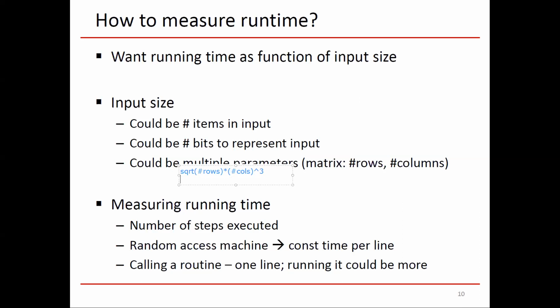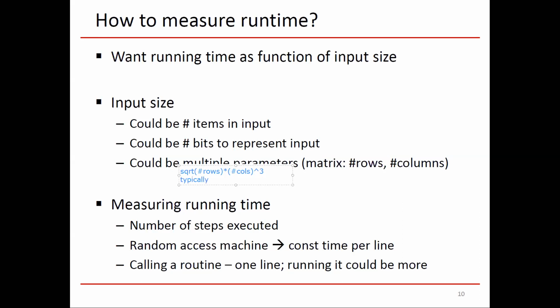But typically, assuming you don't have a situation where the number of rows is way larger than the number of columns, for this style of equation, the number of columns becomes important, okay? And all of a sudden, the total number of elements of the matrix is unimportant. We have cubic growth in the number of columns and the number of rows, yeah, okay, we'll deal with it.